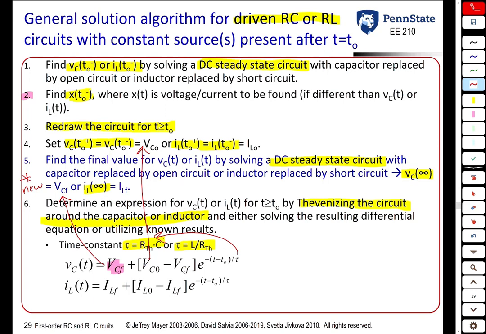Likewise, if we're looking for the current through the inductor, we have a final value, which once again comes from step 5, plus initial minus final, where initial comes from 4, final comes from 5, times e to the minus t minus t naught over tau, where tau comes from there.